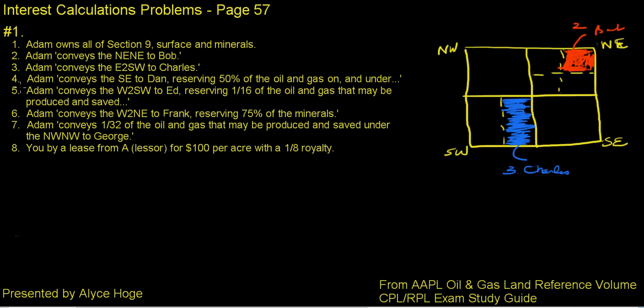The next one we'll look at is 4. Adam conveys the southeast to Dan. So let me get a different color. Adam is now conveying the southeast to Dan. So I'm going to color in the whole southeast here.